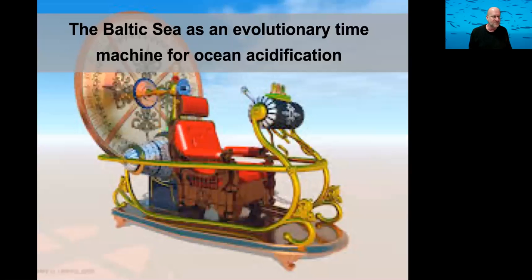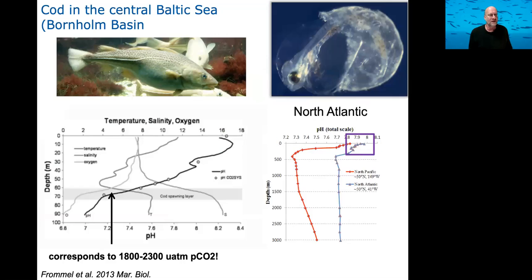Let's now move from salinity to another major pressure, ocean acidification. Let's look here at the cod, where we already saw how abysmal the Western cod population is. Maybe only focus at the moment on the temperature, salinity, oxygen and pH profile in the central Baltic Sea, where the Eastern cod population resides.